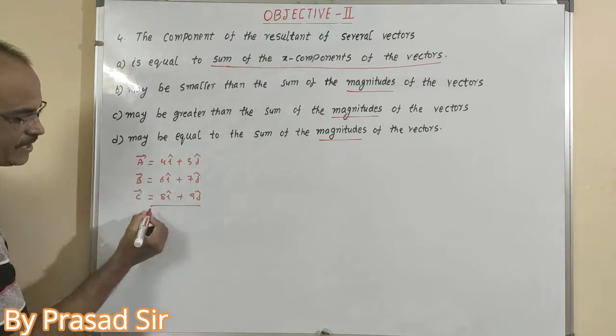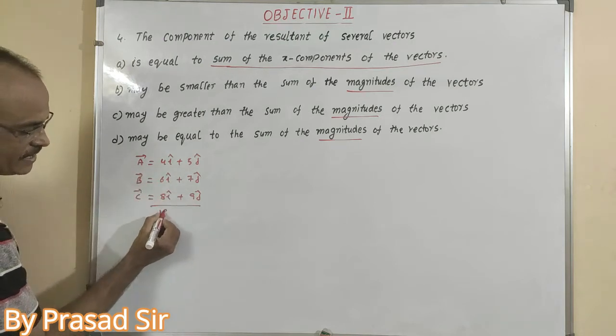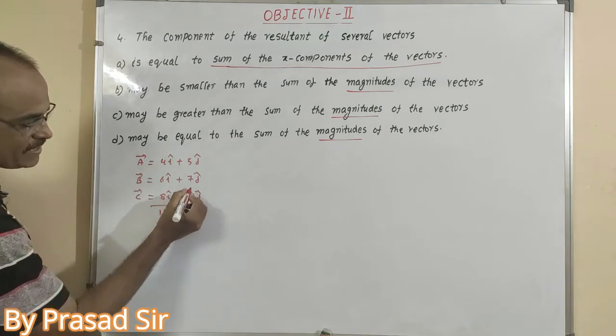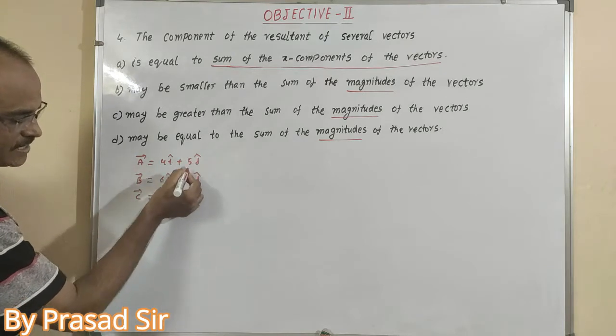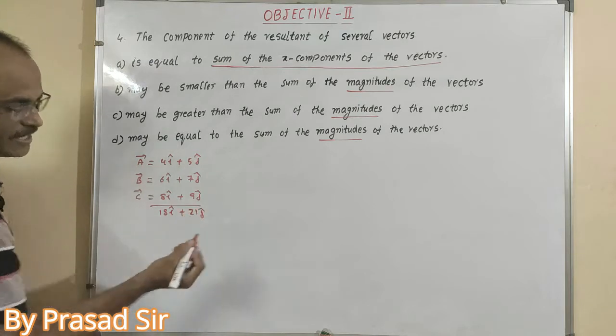4 plus 6 plus 8, how much here? 18 i cap plus, how much here? 5 plus 7 is 12, plus 9, 21 j cap.